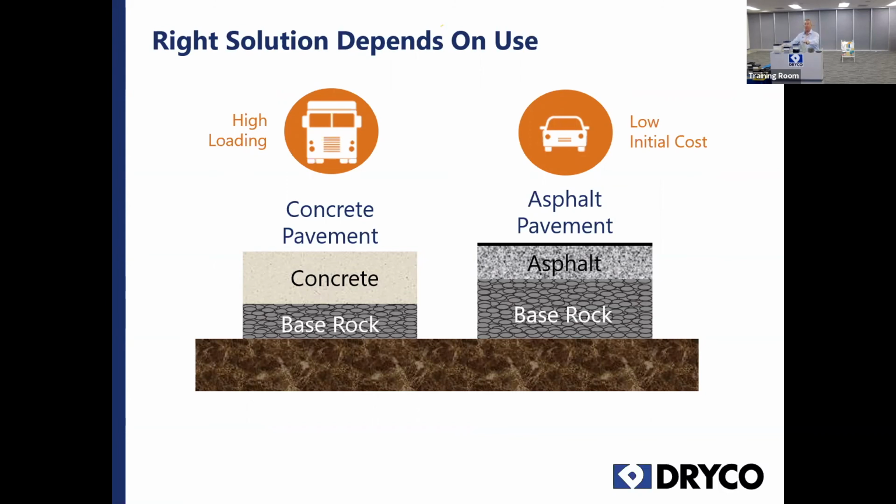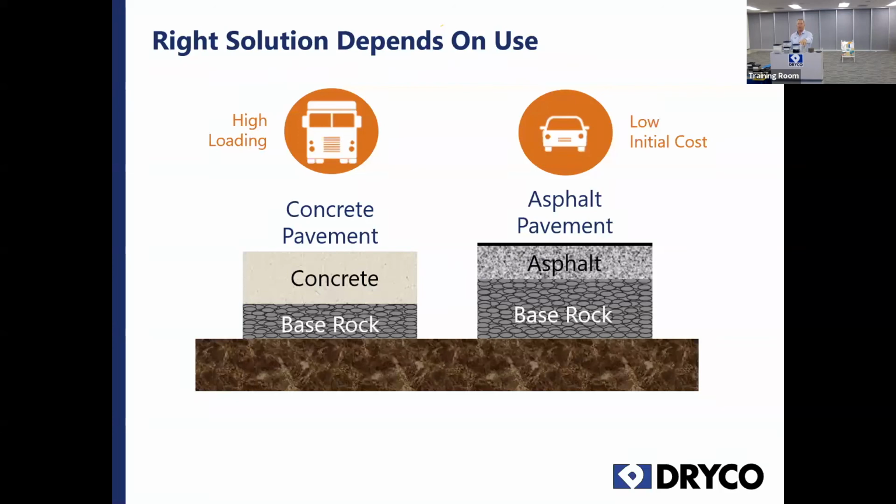If you're talking inch for inch, pound for pound, they're the same. So if it's a heavy use and you're going to put 6 inches of anything, right? Let's just say it's the dumpster area, or a high loading area with trucks and stuff. You're gonna use concrete, right? Because it's gonna hold up so much better than asphalt.